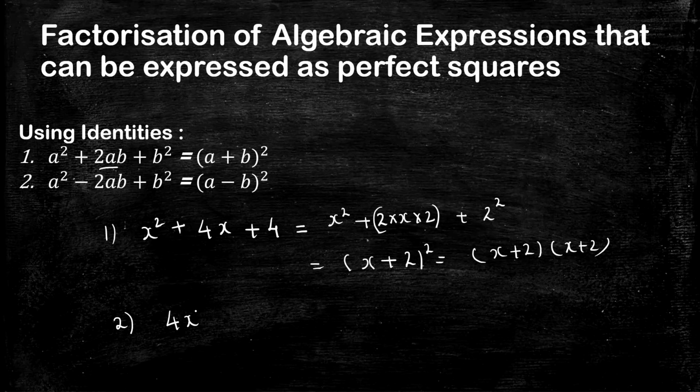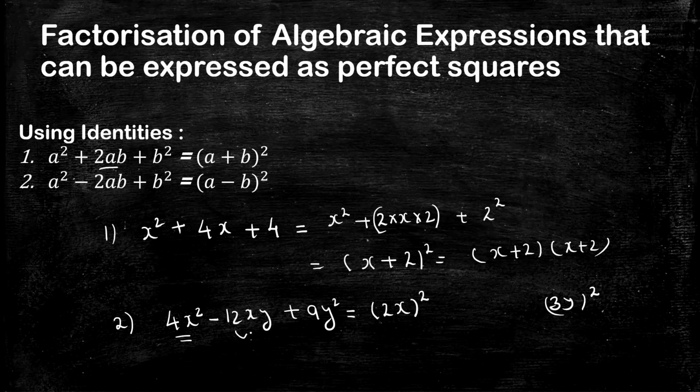Maybe 4x square minus 12xy plus 9y square. Now here again, we will rewrite this and see if we can get the same identity here. So the first term is 2x the whole square and the last term is 3y the whole square.